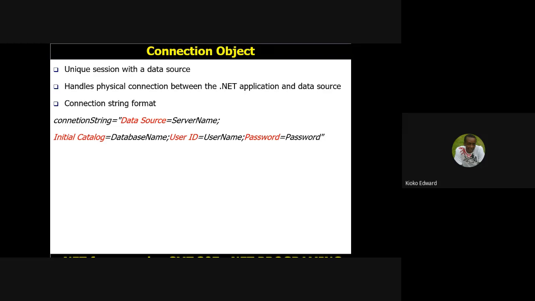Then lastly, we have a password. That will be the password which this particular user should use to access that database on this particular server. So the data source, the initial catalog, the user ID, and the password are the 4 main properties you will find in the connection string.